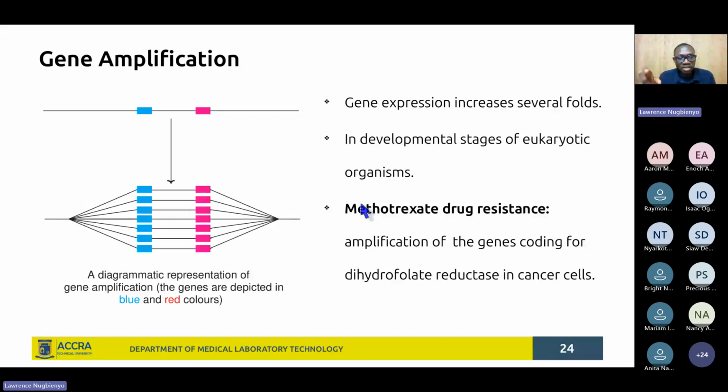Because there too, when you have a multiplication of the genes, we refer to it as gene amplification. But in this context, it means a different thing. That is to say that the expression of the gene is increased several folds.